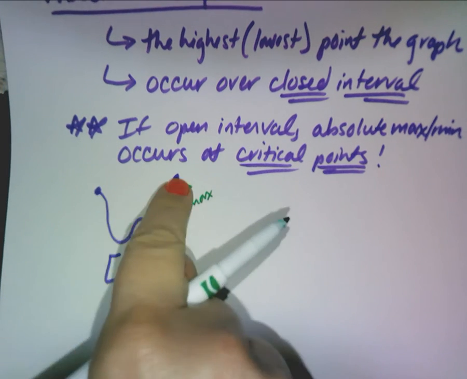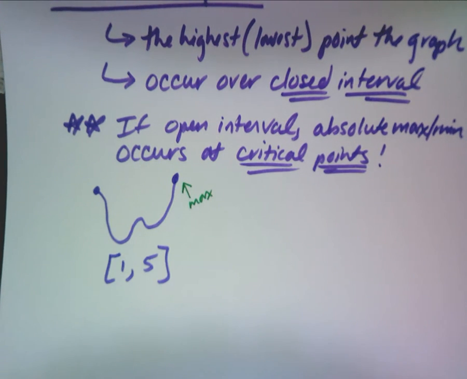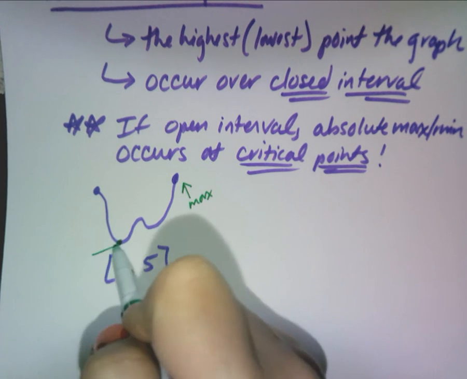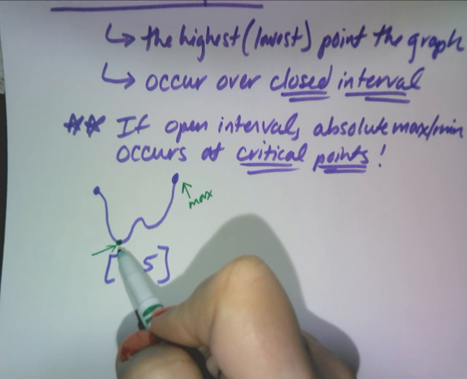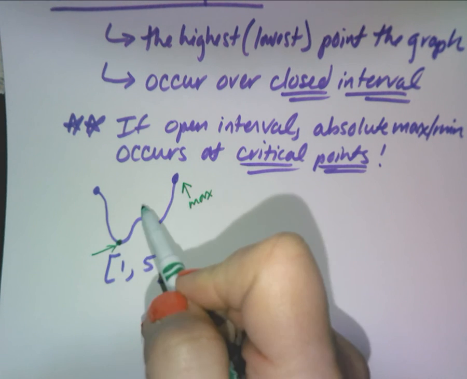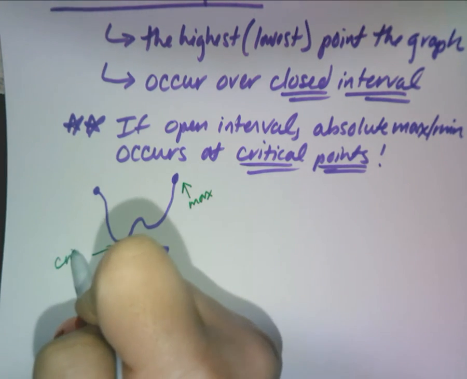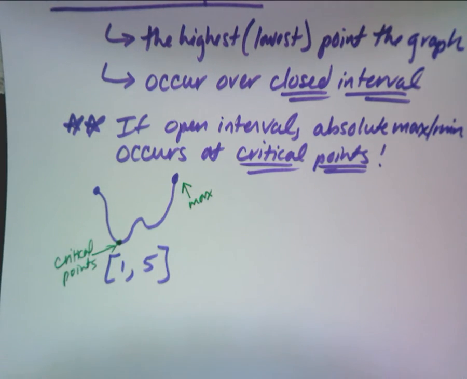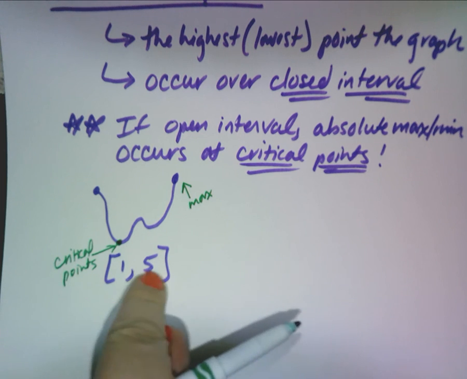Okay, well, this is slightly higher again. Sorry. Where would the min be? The low? Isn't this right here what we've established as a critical point? Because I'm going from a decrease to an increase. So I know for sure maxes and mins occur at either critical points or at the endpoints.